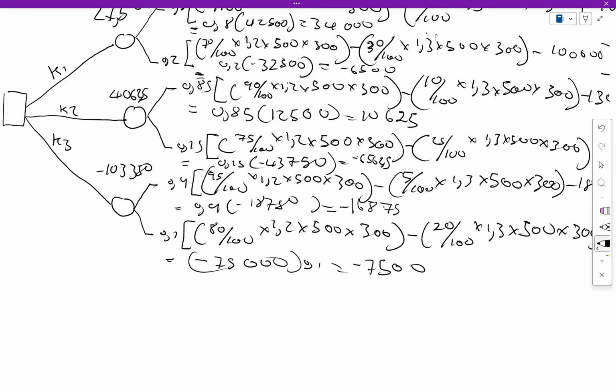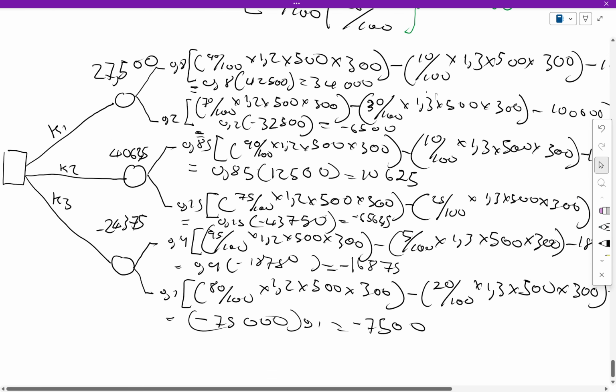Then take negative 7,500 and get plus that. So which means it becomes now 20,4375. So I did two examples that are similar.